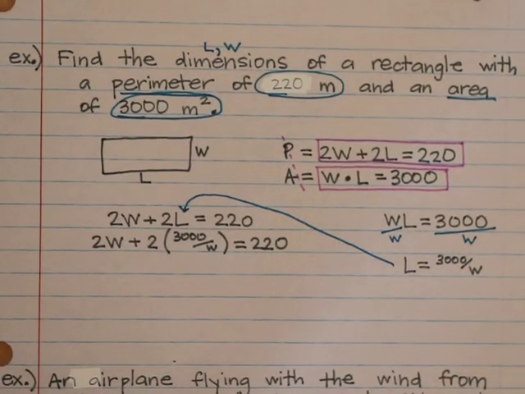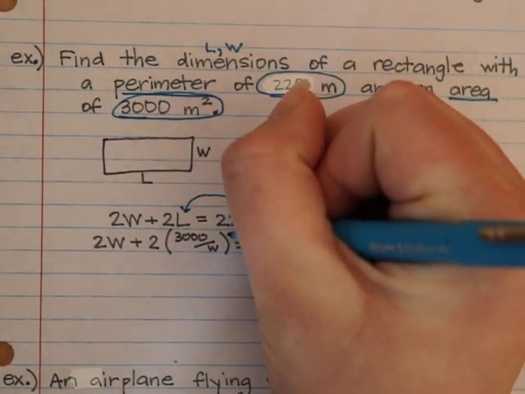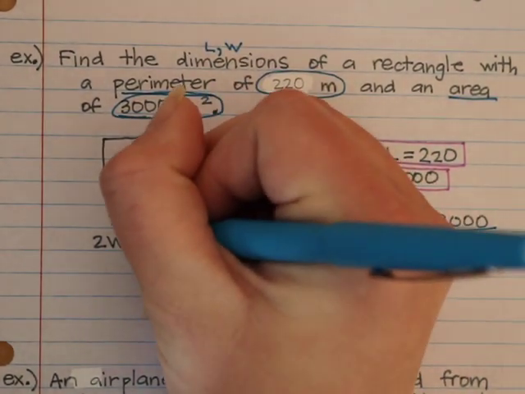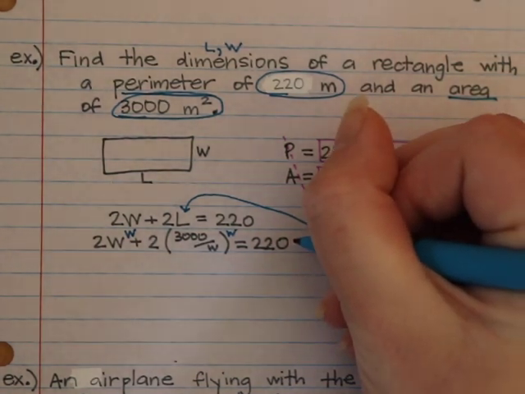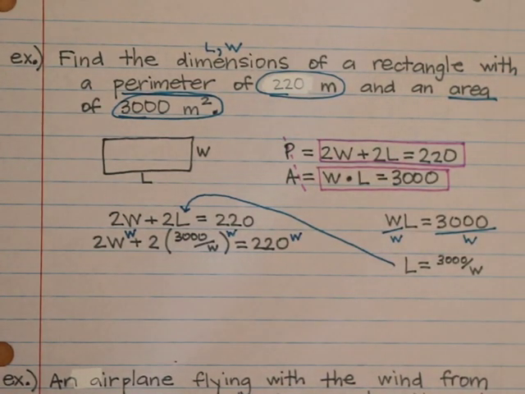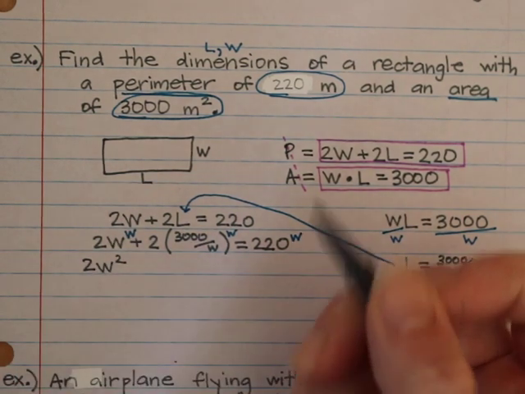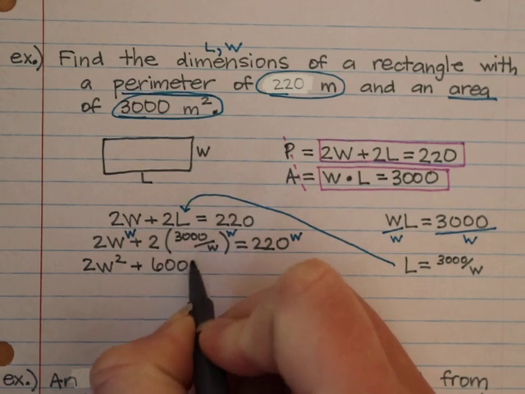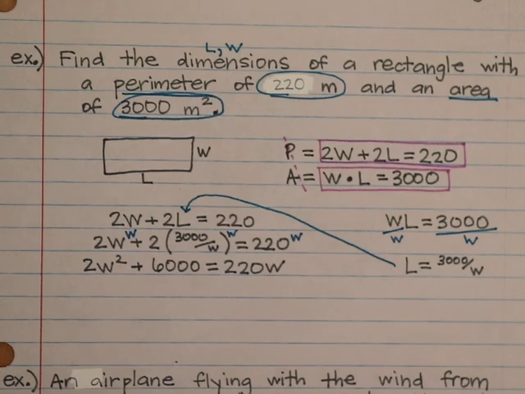The problem is I've got a W in the denominator. To get that W out of the denominator, I'm going to multiply by W here to cancel, by W here because I know I've got to keep things matchy-matchy, and W here. 2W squared plus 6,000 equals 220W.